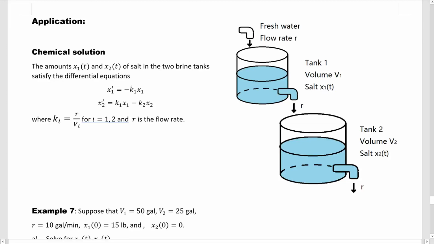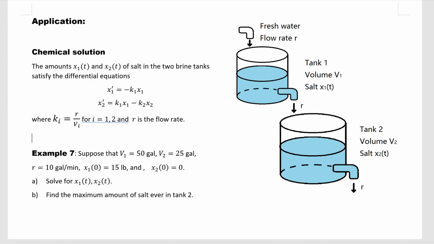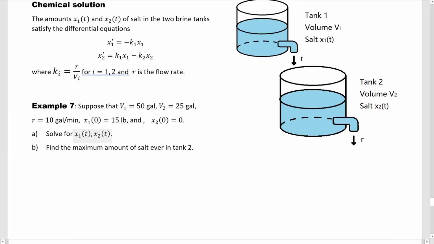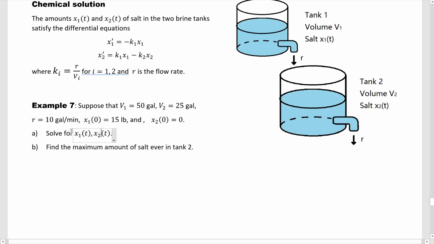Let's see our example 7. Suppose V1 is 50 gallons, V2 is 25 gallons, r is 10 gallons per minute. x1(0) is 15 pounds of salt, x2(0) is 0 pounds of salt, so it has no salt initially. Solve for x1(t) and x2(t).